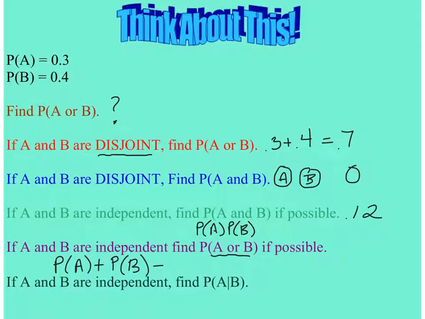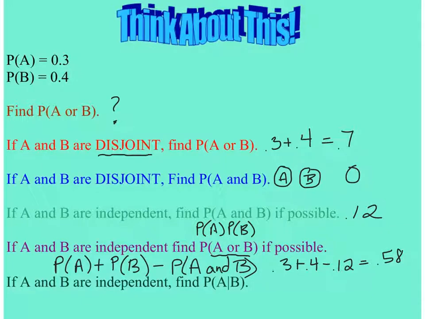But if they aren't disjoint, you can still find the answer by doing this. So for us, we can do 0.3 plus 0.4 minus 0.12. We get 0.58.